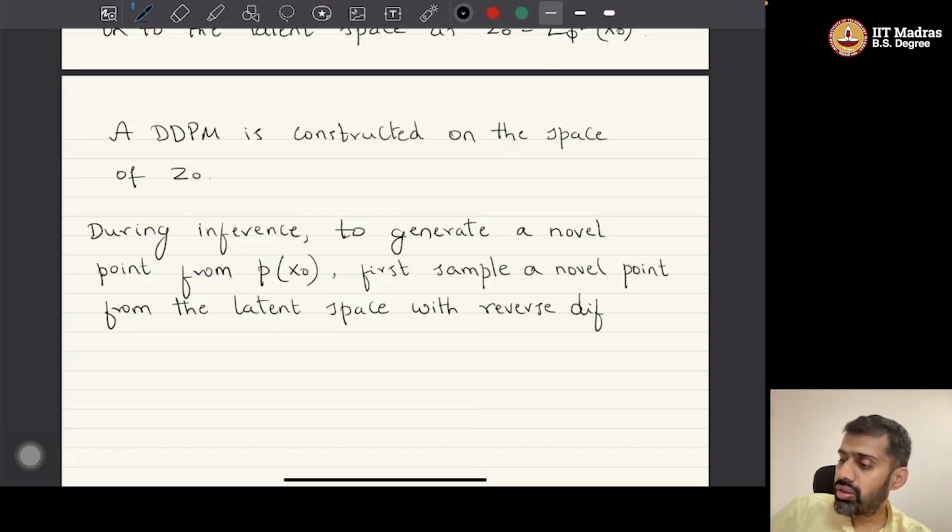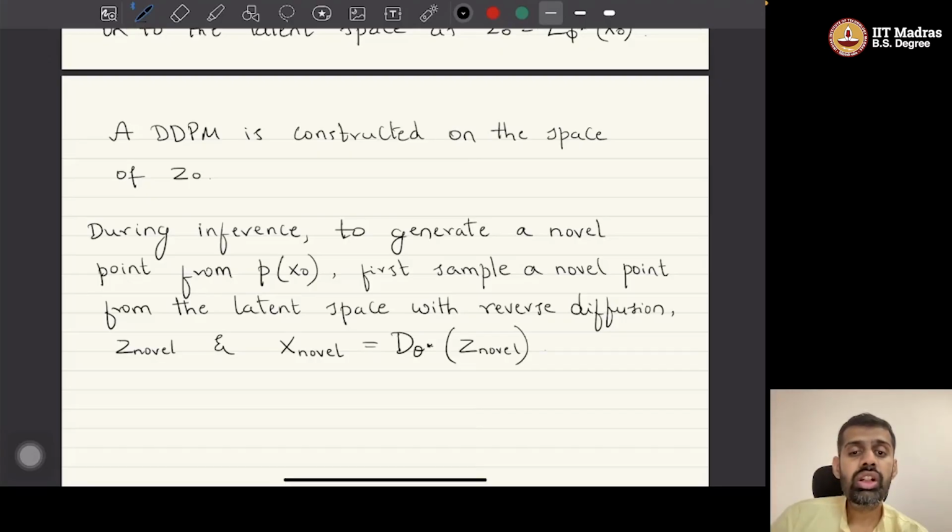This is because the diffusion model is built on the latent space of data. First sample a novel point from the latent space using reverse diffusion. Call it z novel. And x novel, the new point, will be obtained by passing the novel latent point through the pre-trained decoder to get the final unseen point. So this will be sampled from P of x naught, because the decoder has been learned that way.